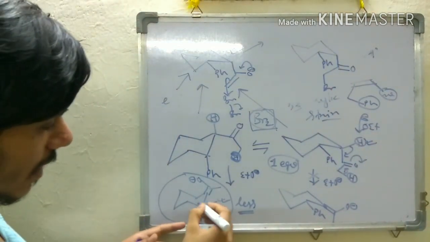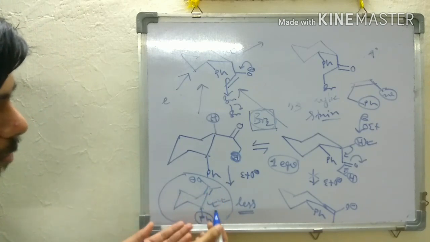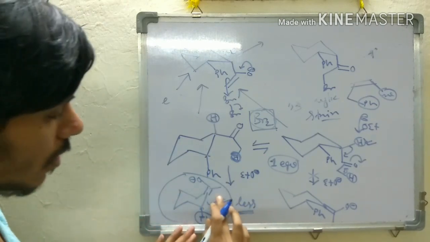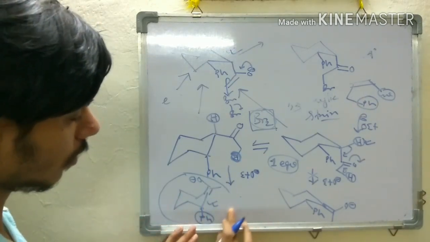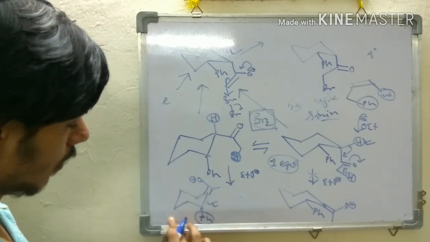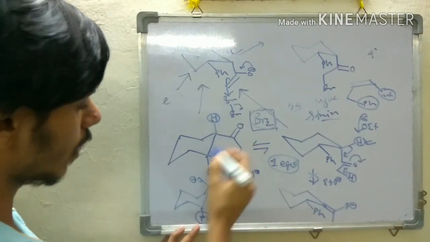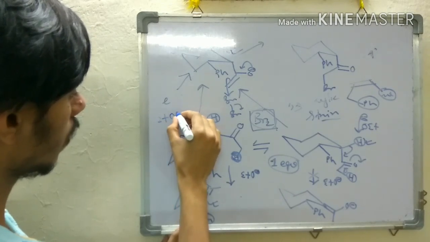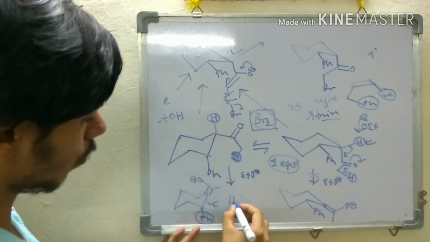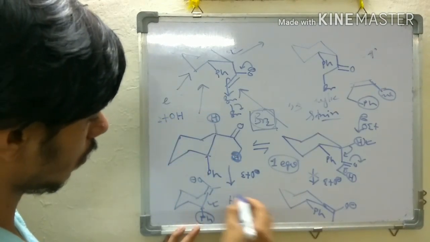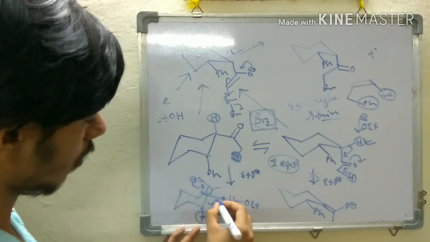Now, instead of undergoing bromination, they can again undergo protonation, because when sodium ethoxide takes a proton it forms ethanol, and it can take a proton from ethanol like this.